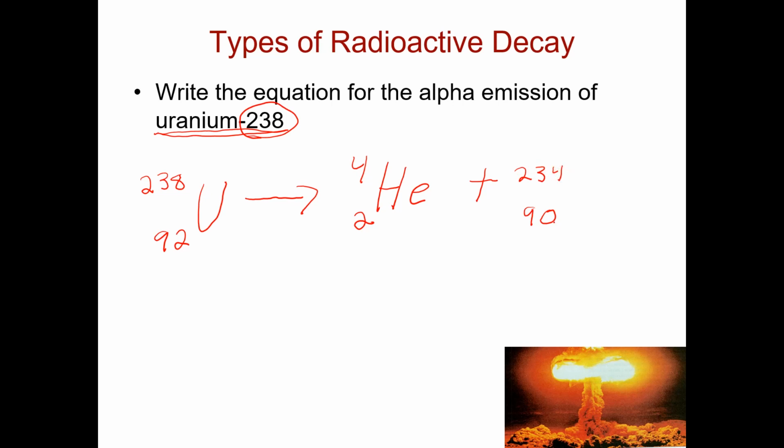So then I can look on the periodic table and find out what element has an atomic number of 90. And since we've already found uranium, if we just go 2 back from that, we find that that is thorium. So when I have uranium and it undergoes alpha decay, I get thorium-234 as a result of that.